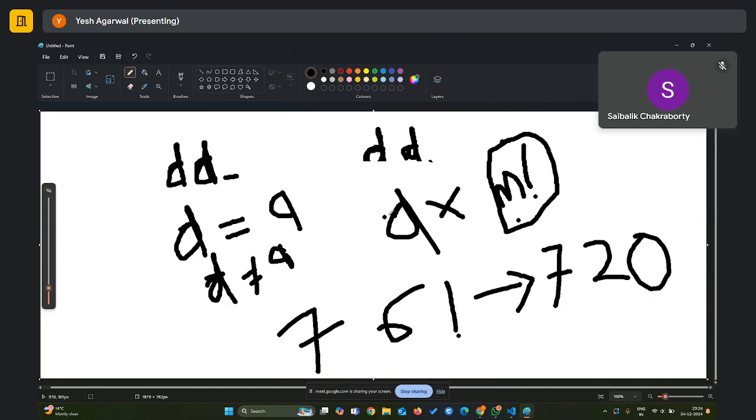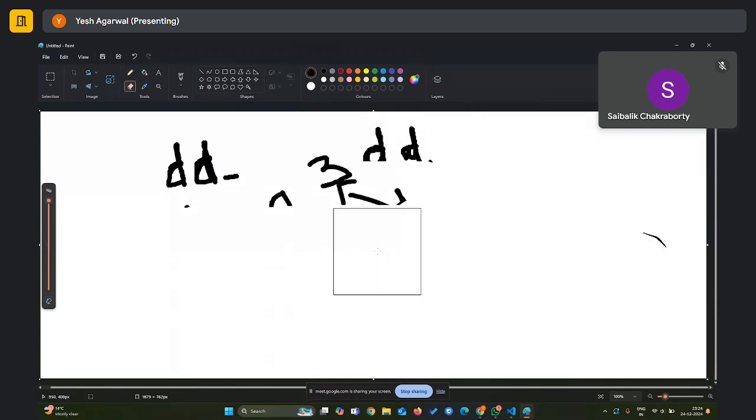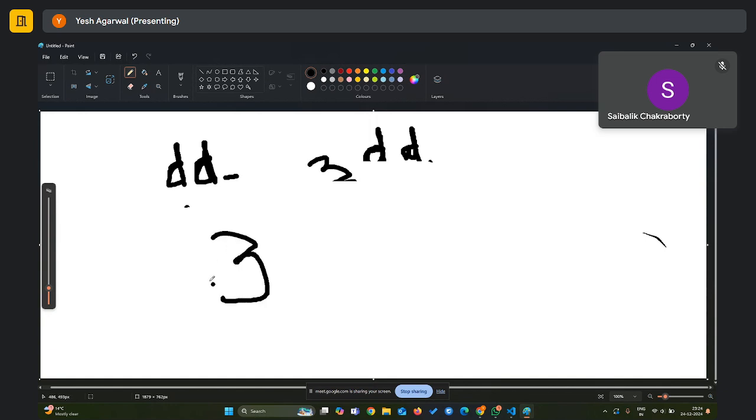But if we look closely, we can also have a 3 factor in d as well. We can have a 3 factor if d is divisible by 3. For example, let's say d is 3. So we already have a 3 factor.